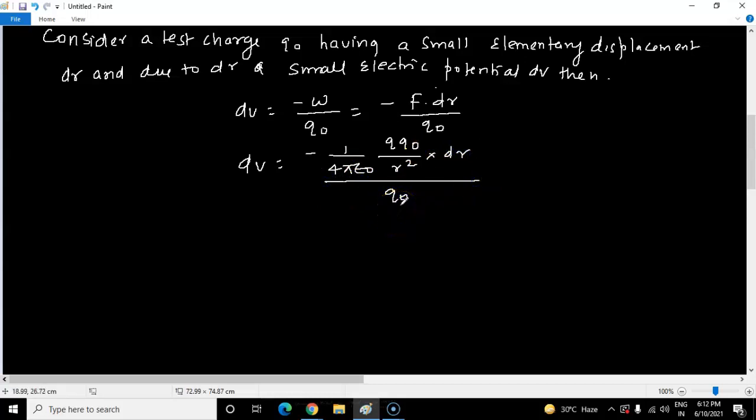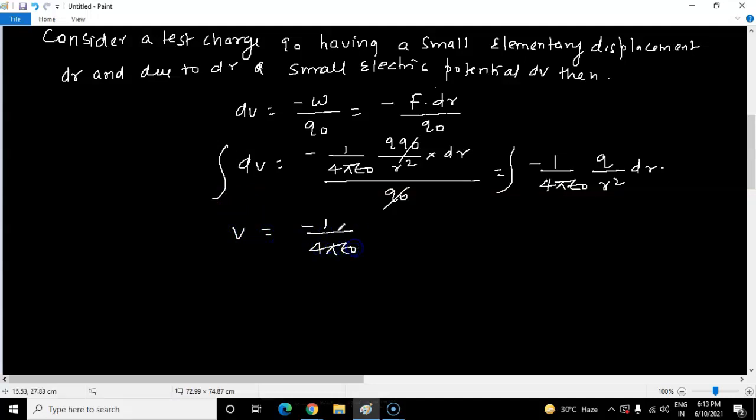Okay. Yes, sir. So after the cancellation of Q naught, the Q naught terms get cancelled here. I can write minus of 1 by 4 pi epsilon naught, Q by R square dr. Getting? Yes, sir. So if we integrate both sides, the left side becomes V, and the right becomes minus 1 by 4 pi epsilon naught, and Q is the constant here, times the integration of R to the power minus 2 dr, right?